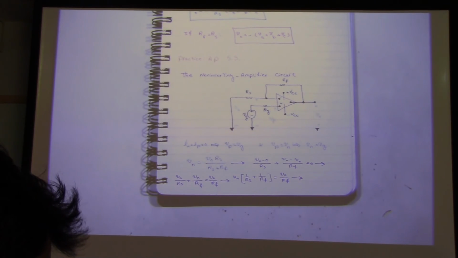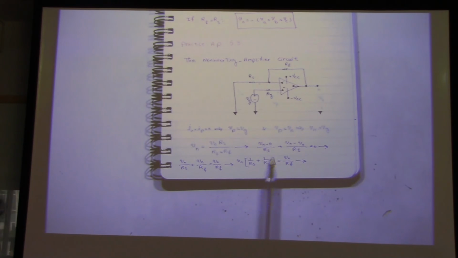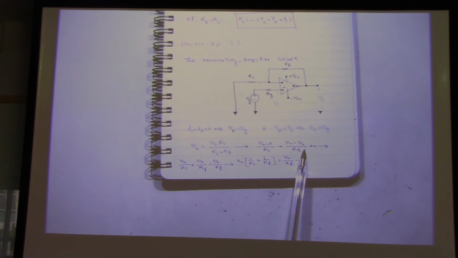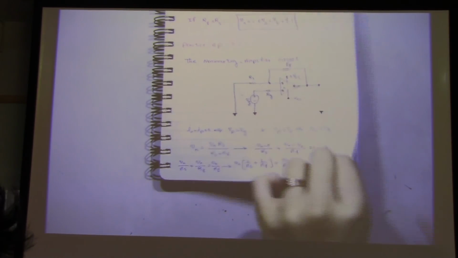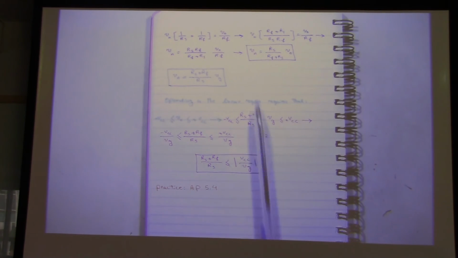Okay, clear? So from here, we have Vn over Rs plus Vn over Rf is equal to Vout over Rf. You just rearrange this equation.